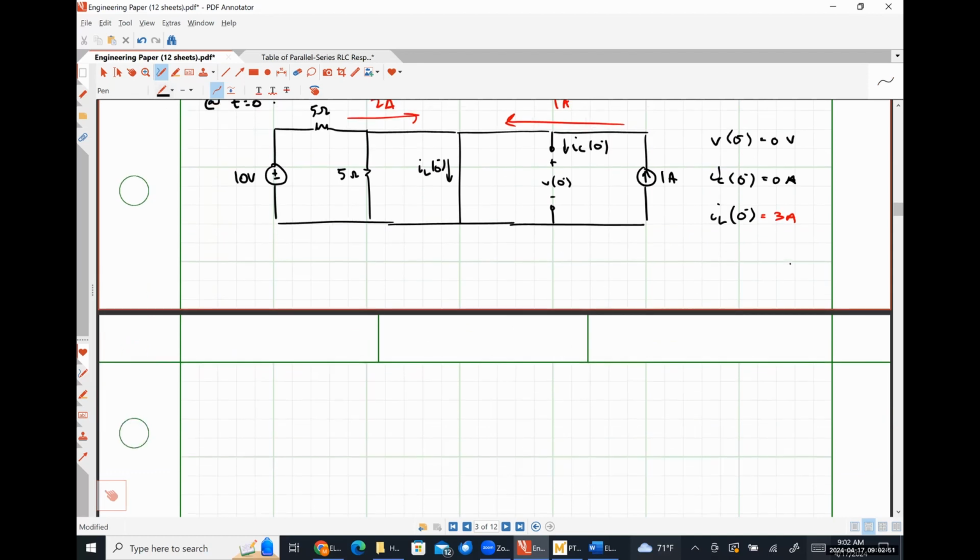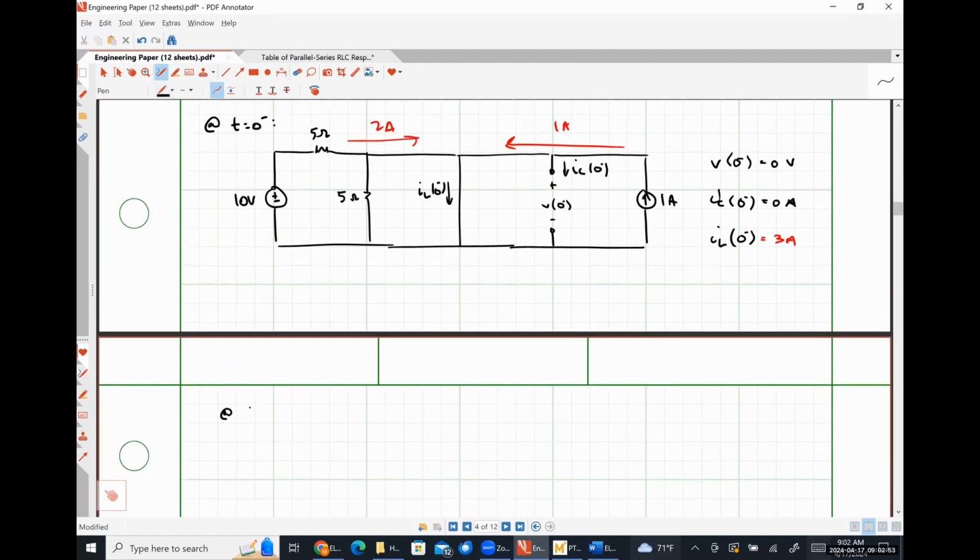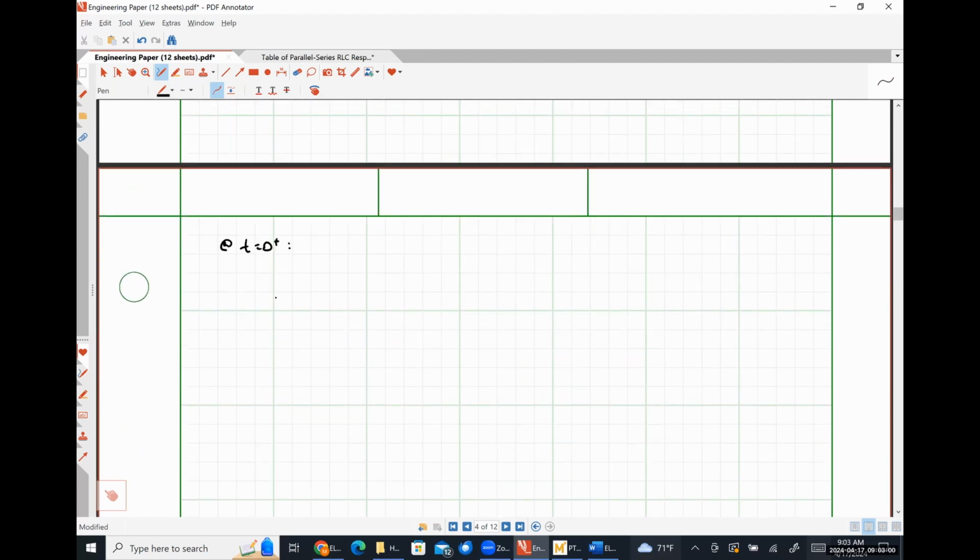All right, so at 0 plus, the 10 volt source and that 5 ohm resistor are going to be open circuited, so they're not going to be connected anymore. So we're going to represent that like this.